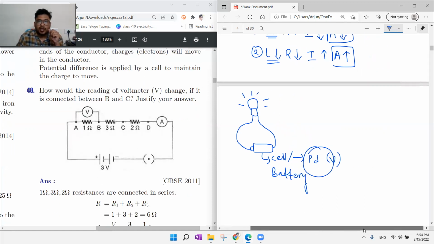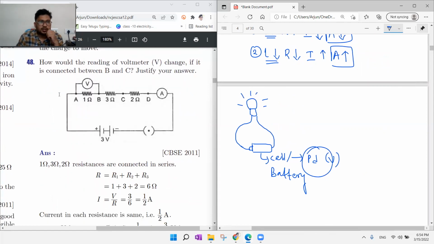Then we have the 48th question. How would the reading of the voltmeter change if it is connected between B and C? Justify your answer. If you observe the circuit diagram, here we have one resistor, next resistor, next resistor.